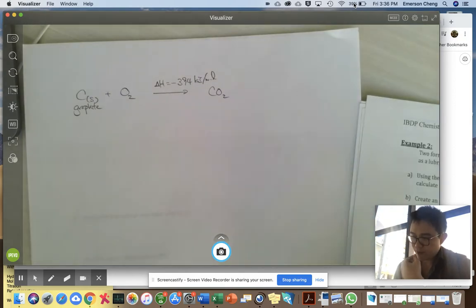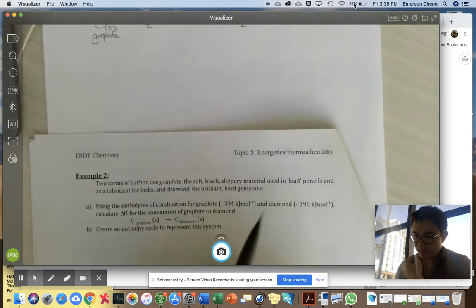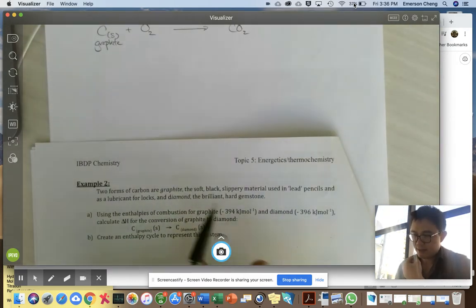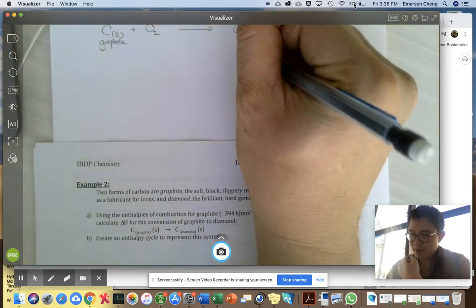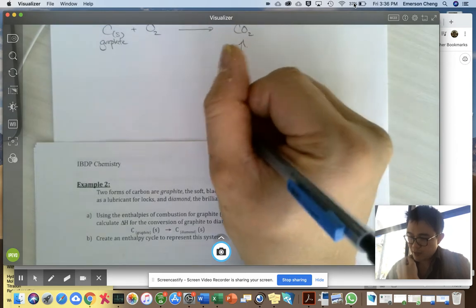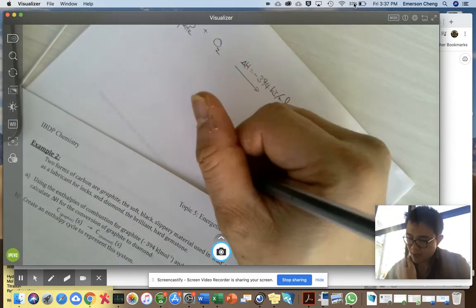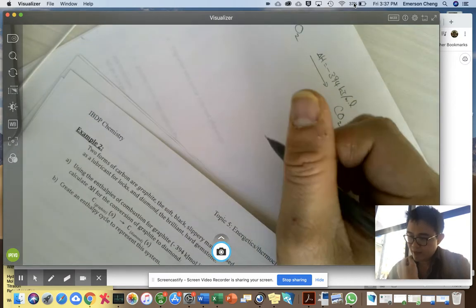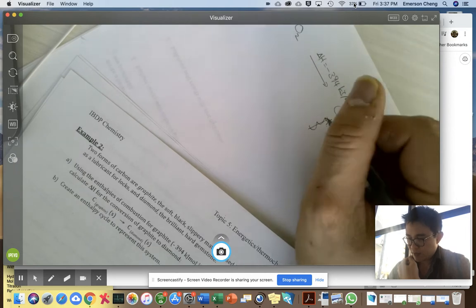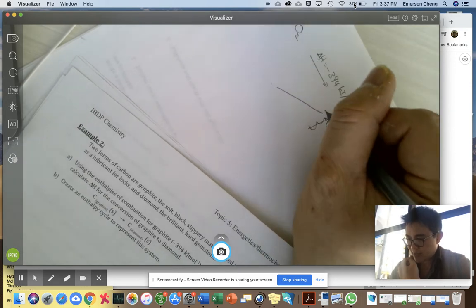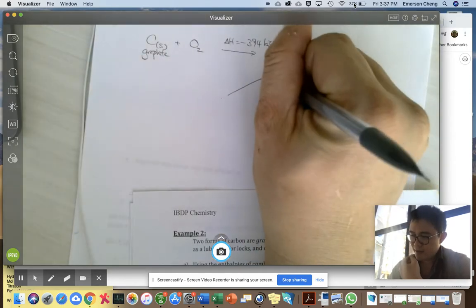Now, combustion for diamond. If you use this information, it is still carbon, it is still oxygen, and it goes to carbon dioxide. I'm going to tilt this sideways, maybe. Let's just do it this way. It's slanted, so I can still draw horizontally. Sorry about that, guys.